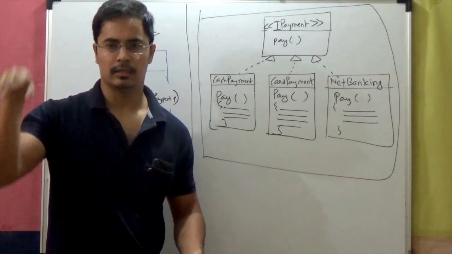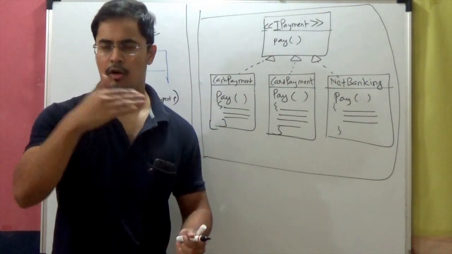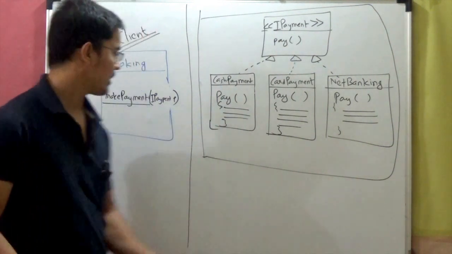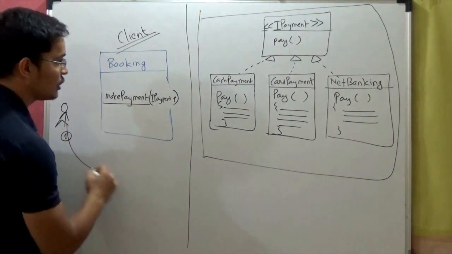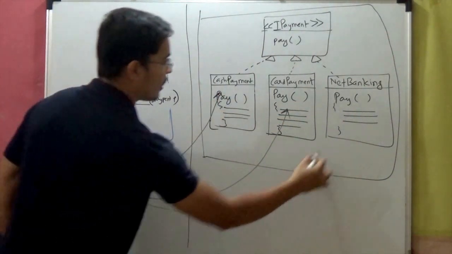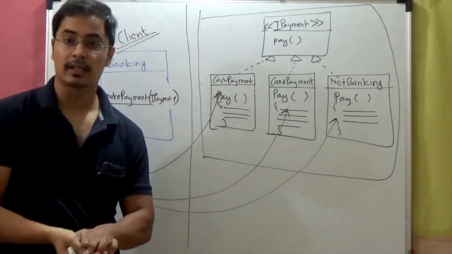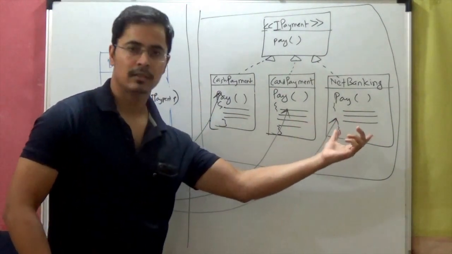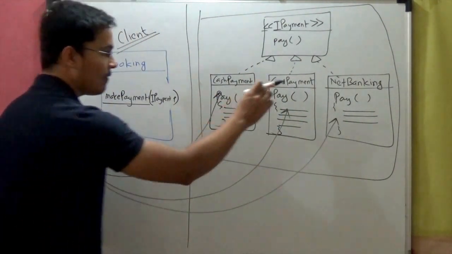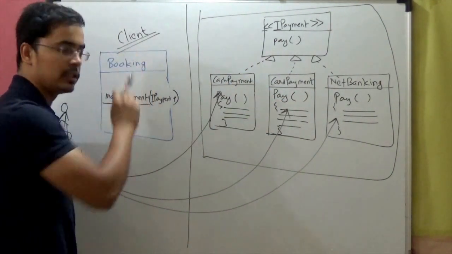On his user interface page, there are options: card payment, cash payment, or net banking. At runtime, he can choose any of them. So there's flexibility. These algorithms, these behaviors, are interchangeable, and they can vary without changing the client.